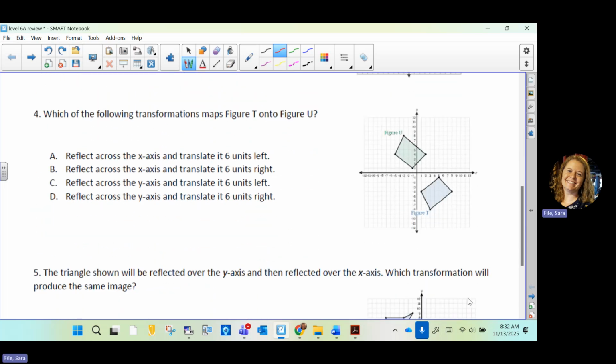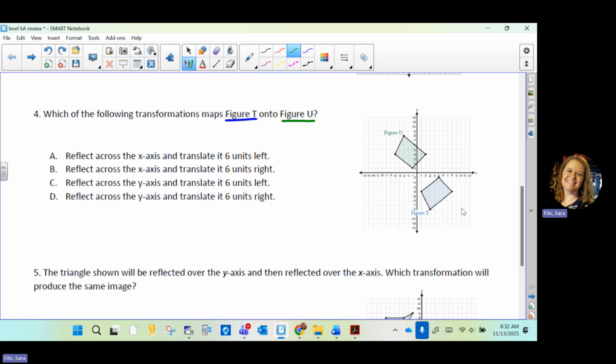All right, number 4 says, which of the following transformations map figure T onto figure U? Okay, so same concept. They've got it colored here for us already though. So figure T is what I'm starting with. That's the blue one. And then figure U, that's where I end up. So T is the pre-image, U is the image. Okay, so I know the orientation changes. So I've got this reflection and then a translation.